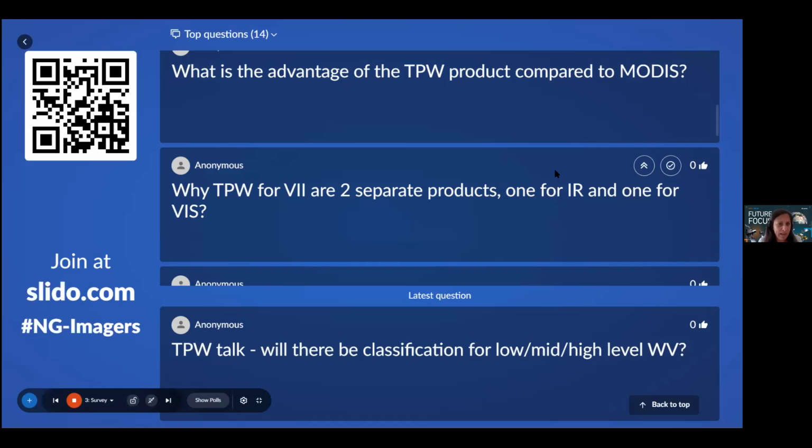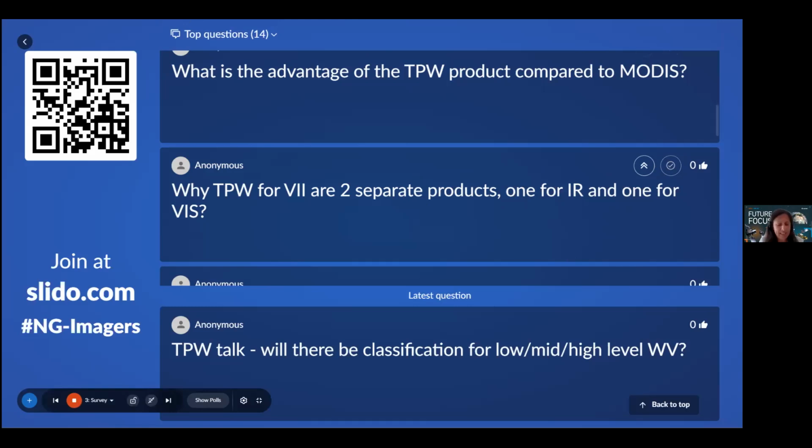So you can have a bias between the 2 retrievals: a small amount of water vapor that is not detected by the other algorithm because we are peaking at different heights in the atmosphere. So this is the historical reason it was done like that. The initial requirement for EUMETSAT, taking into account MODIS heritage, was 2 separate products.